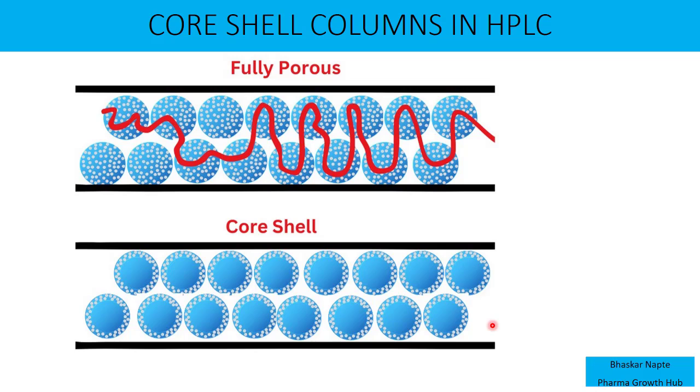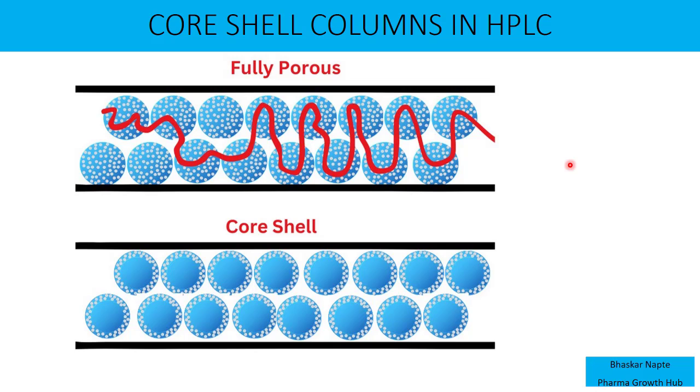Now once you inject the analyte onto the column, there is going to be eddy diffusion. Means what? The analyte is going to travel a longer length until it elutes out of the column. Now, why this longer length?